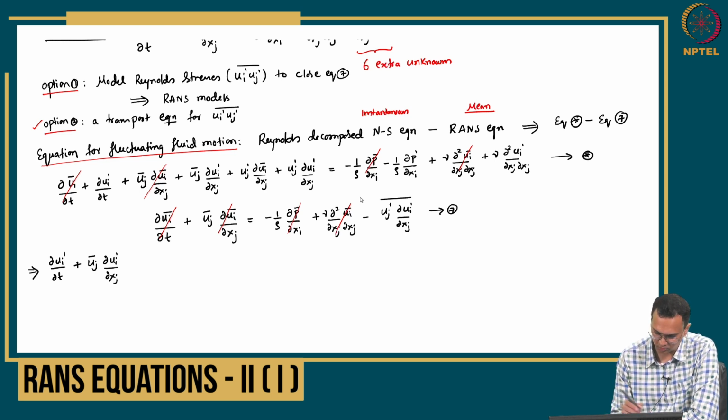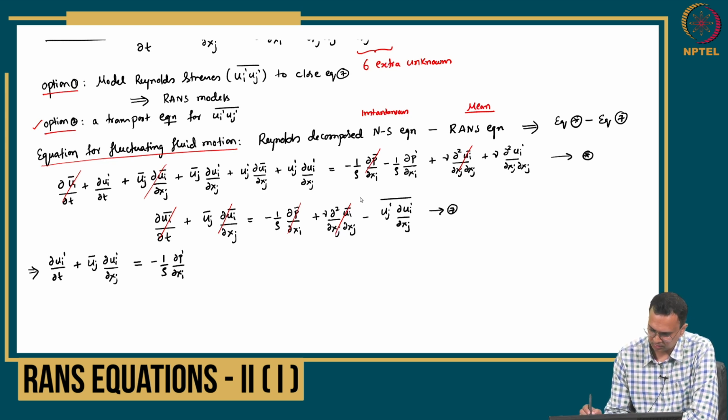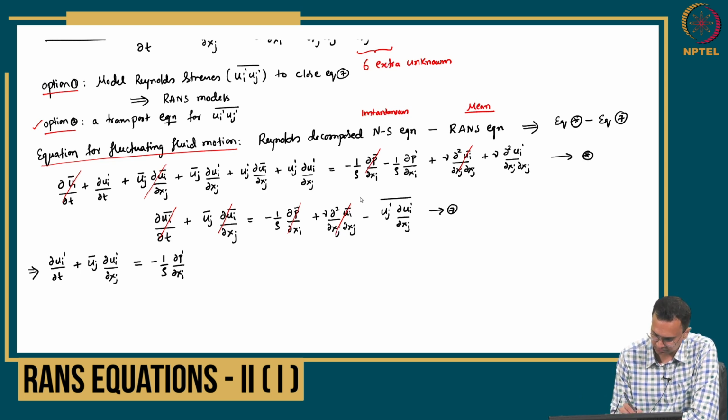So I would take it out onto the right hand side. I'll write the pressure term first, fluctuating pressure term dou p prime by dou xi, and the viscous term plus nu dou square ui prime by dou xj square. Sometimes I write dou xj square, this is just my own convention. Many times people write it, but it actually means dou xj dou xj.